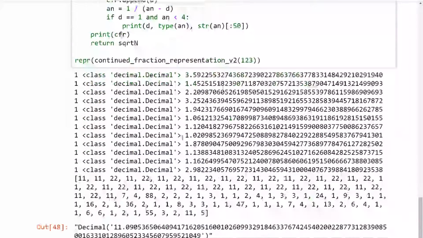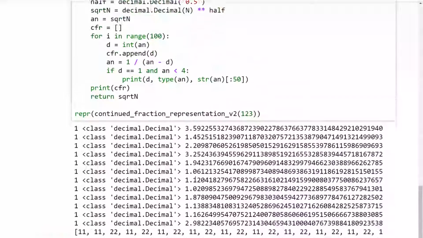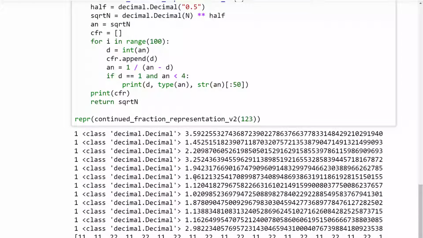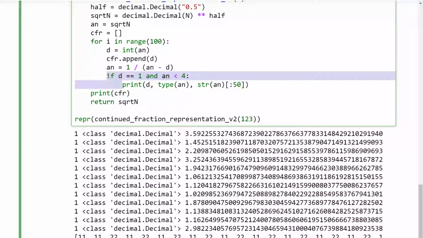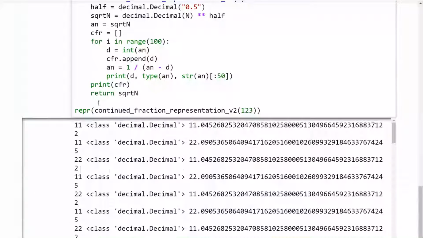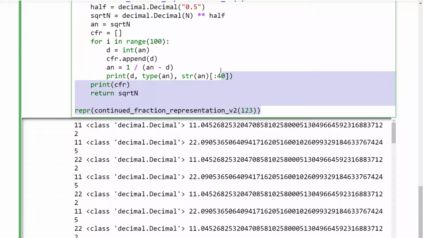But this time I need to figure out how. Okay, so this rule doesn't apply anymore, right? What am I doing? Because we're at this here now. Well, it seems like we have 2 periods of 11 and 22.